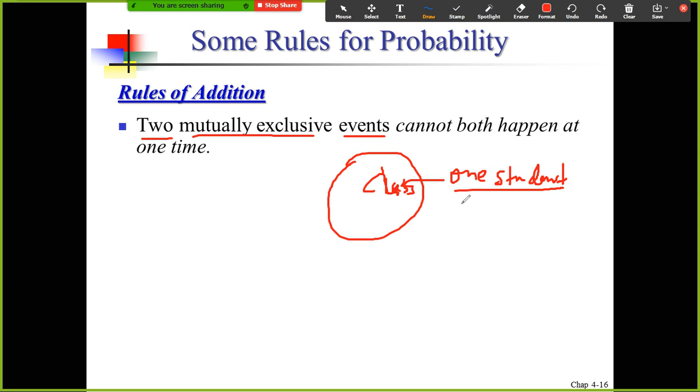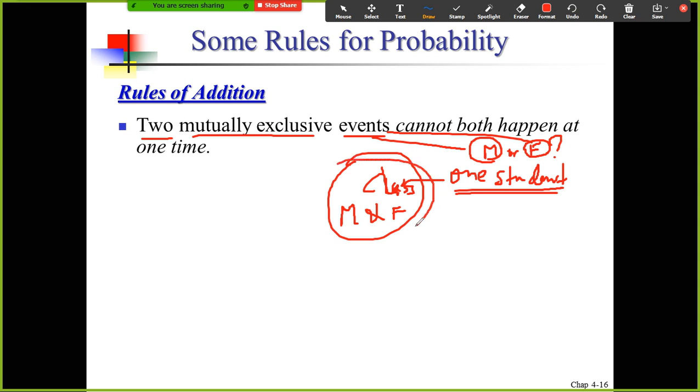The students in the class are both male and female, but if I select only one student, I don't know which. So suppose male is one event, female is the other event. That's why male events and female events are mutually exclusive.